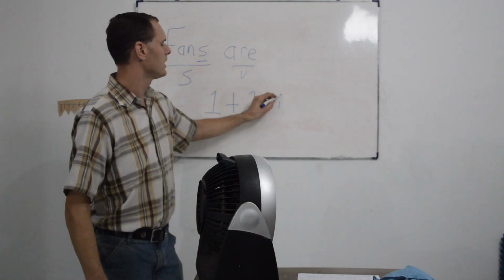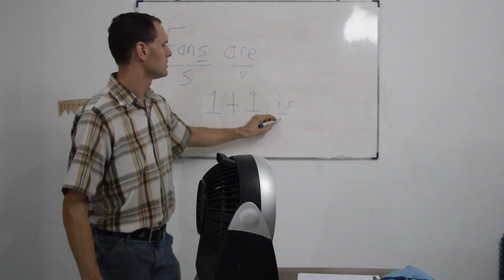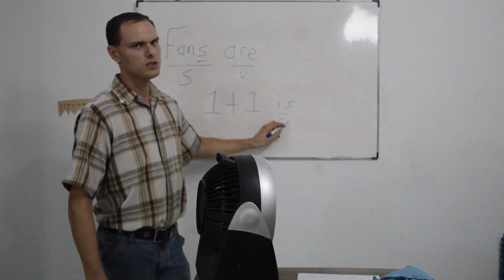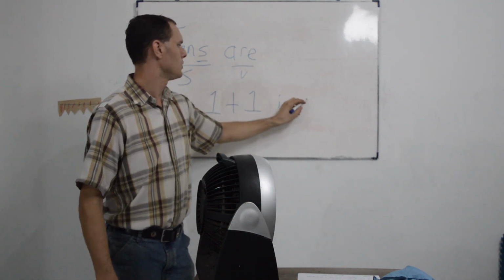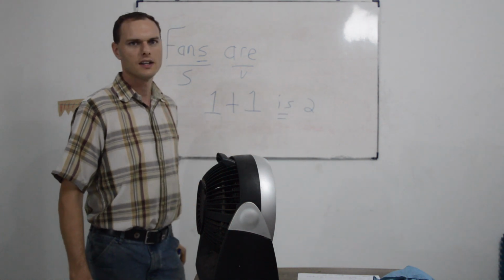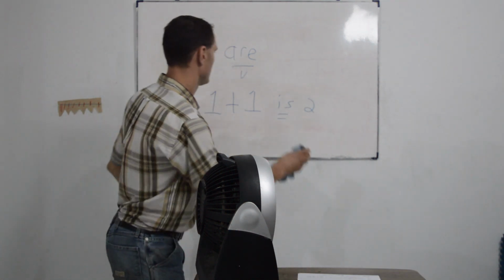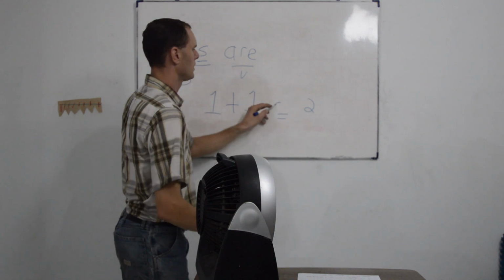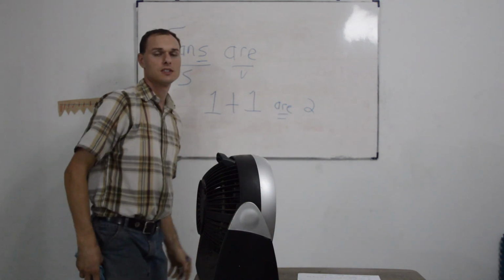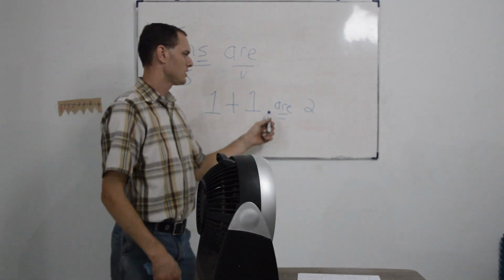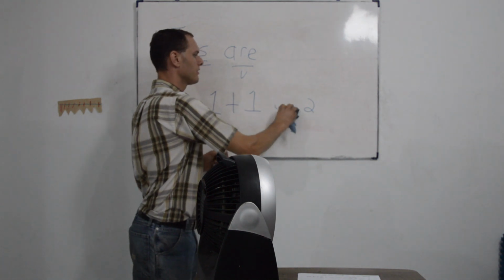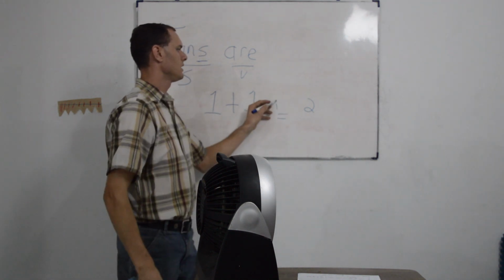I always say is or equals. You can say equals, you can say is 2. There are some people who say 1 plus 1 are 2. So in my opinion, this is only opinion. Myself, I say 1 plus 1 is 2.